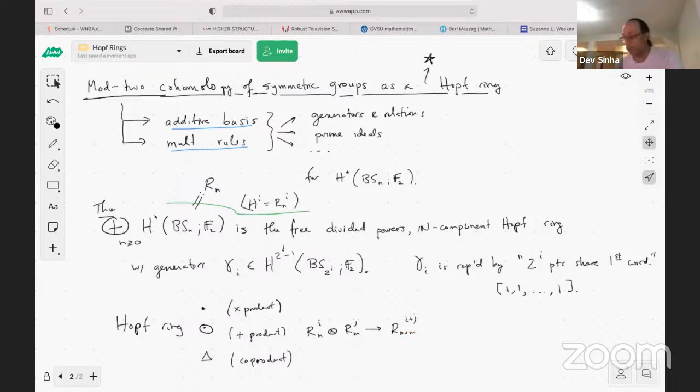And the coproduct works similarly. If I have R in the (n plus m)th component, then I'm going to go to the direct sum over i plus j equals k of R_(n i) tensor R_(m j), and it's also going to go to, I have to take n plus m, or I should really say a plus b equals n plus m.